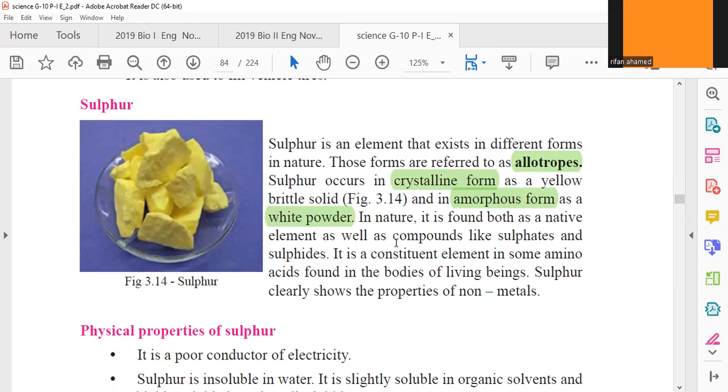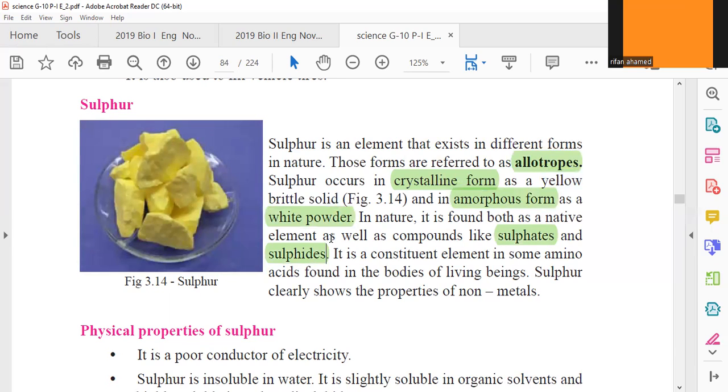Further, in nature, sulphur occurs in compounds like sulfates, calcium sulfate, magnesium sulfate, and sulfides, calcium sulfide, magnesium sulfide, cadmium sulfide, nickel sulfide, lead sulfide, like many compounds. Sulfate and sulfide compounds are called inorganic compounds.